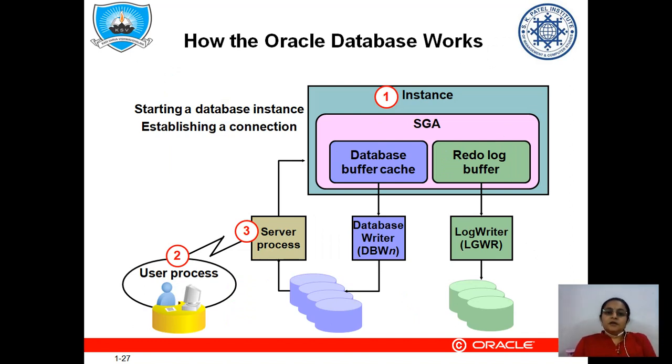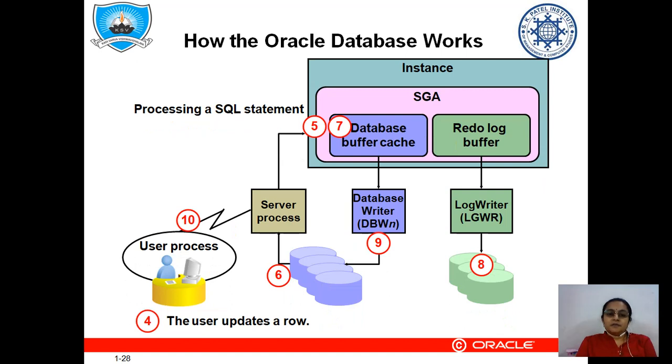So this is how the Oracle database works. First, the instance comes into the picture whenever the database is started. When a user requests a connection to the database, server processes start, and for that user a PGA, the program global area, is created.